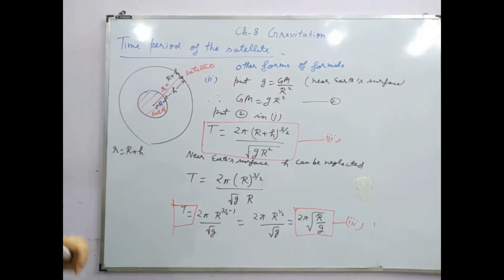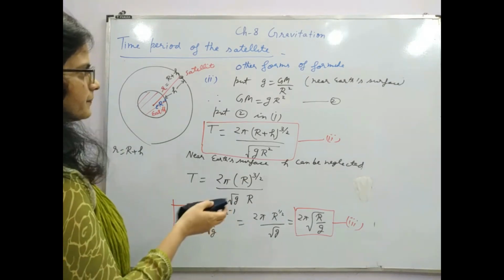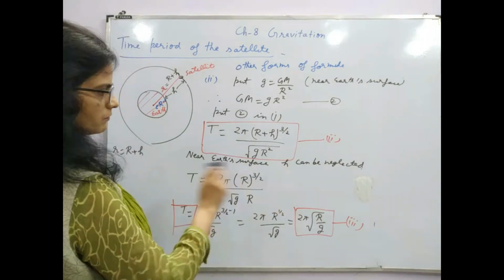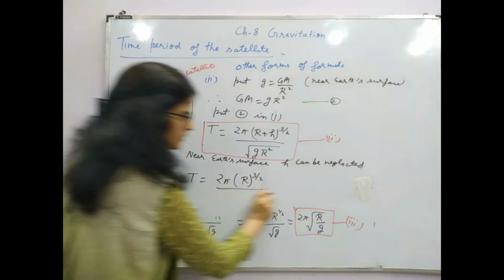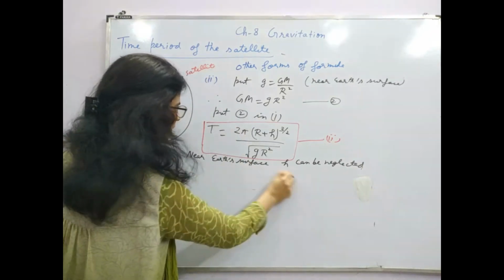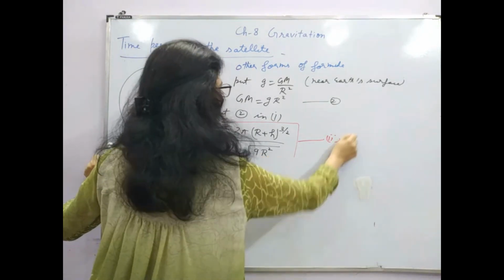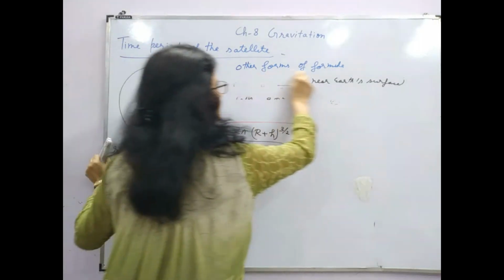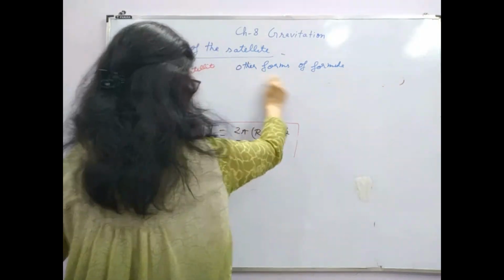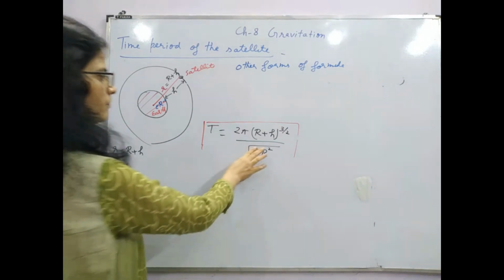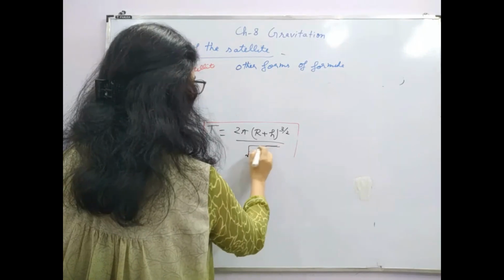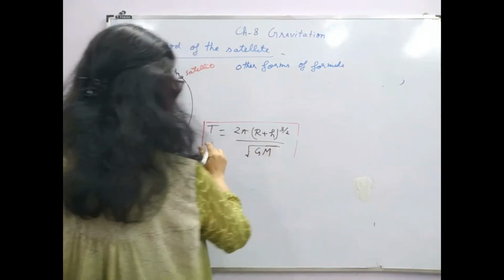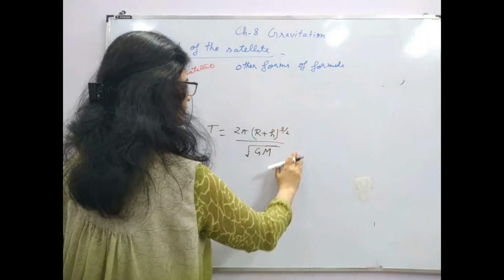For the fourth form, I will put the value of mass in the form of density. You must have seen this form in the second equation.